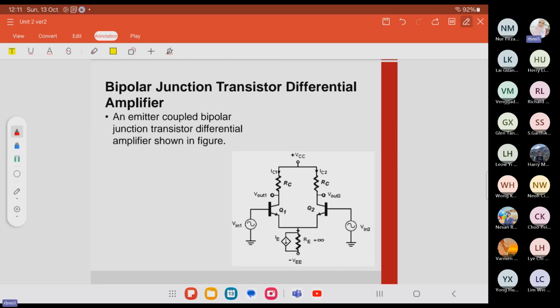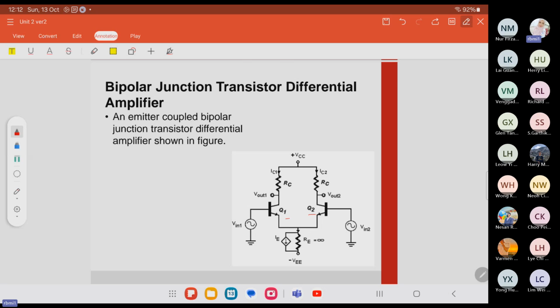So this is the type of differential amplifier by using the BJT, bipolar junction transistor. We have Q1 and Q2. On the connection, it is not similar to the current mirror just now. Consider an emitter coupled bipolar junction transistor differential amplifier, and for this circuit we assume Q1 and Q2 are almost identical and have similar parameters.